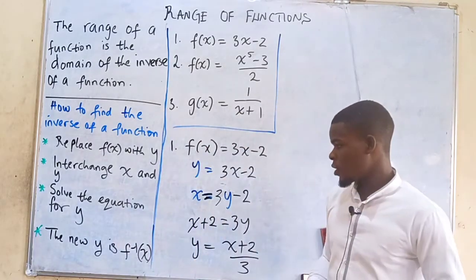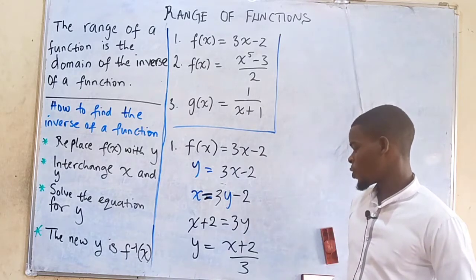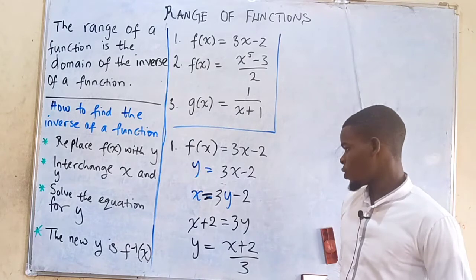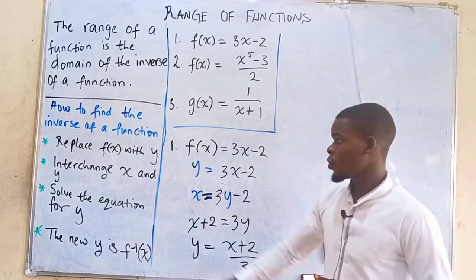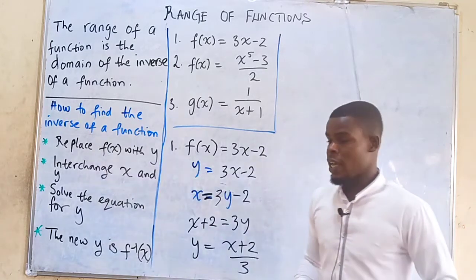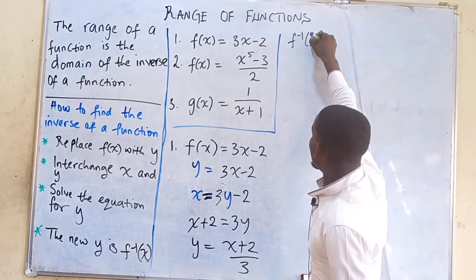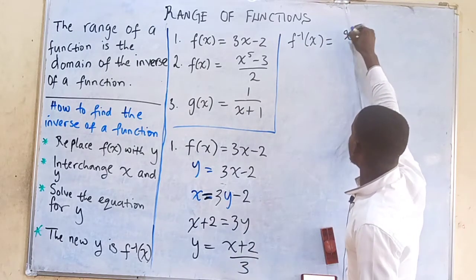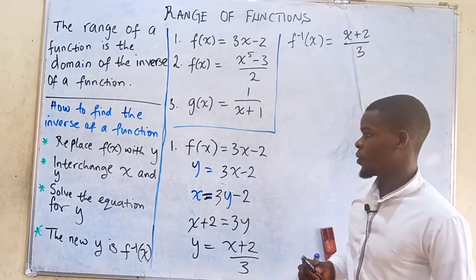Now the fourth point tells us that the new y is called the inverse of the original function. So after making y subject of formula, this new y is called f inverse of x, given that the function was denoted by f of x. So we can notice that f inverse of x, which is the new y, is x plus 2, then divided by 3. Alright, good.